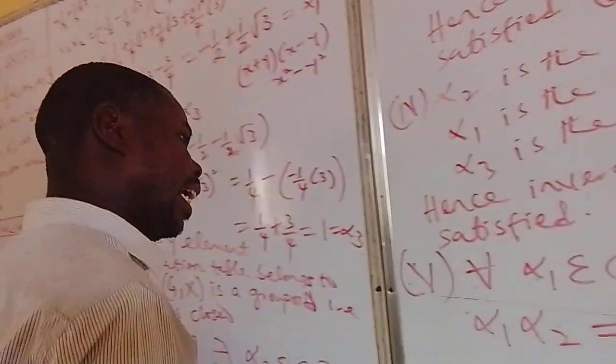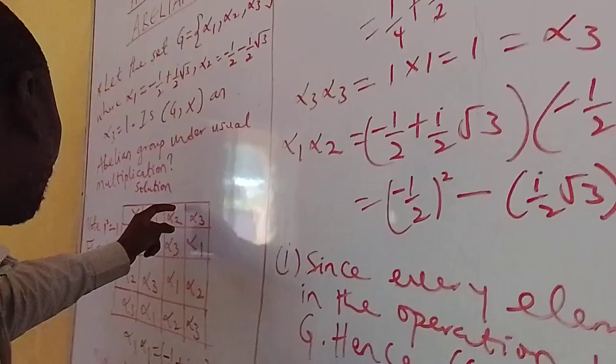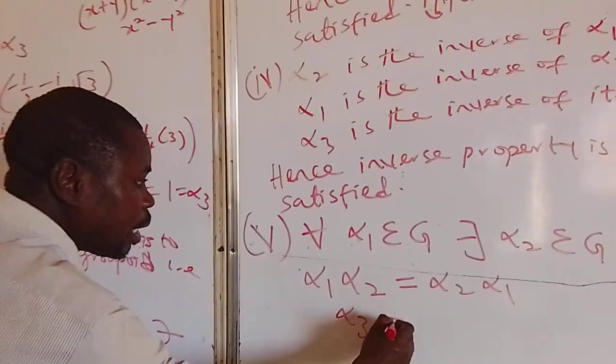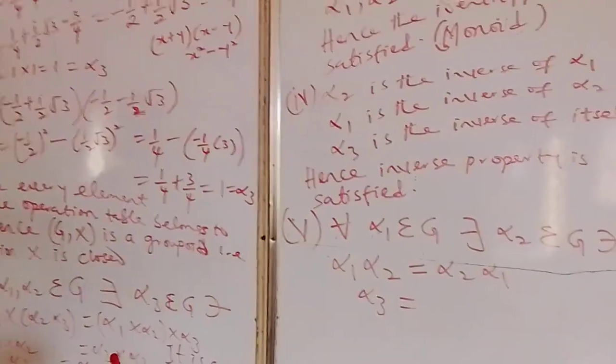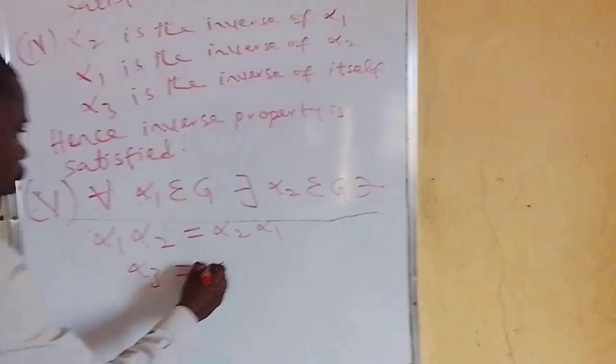Now let's investigate from the operation table. Alpha 1, alpha 2 is equal to alpha 3. Then alpha 2 multiplied by alpha 1 is also equal to alpha 3.